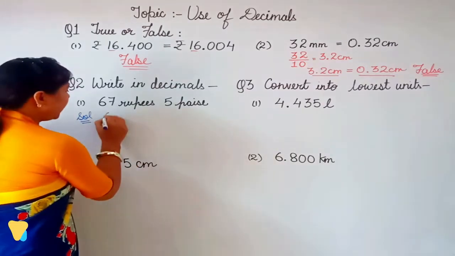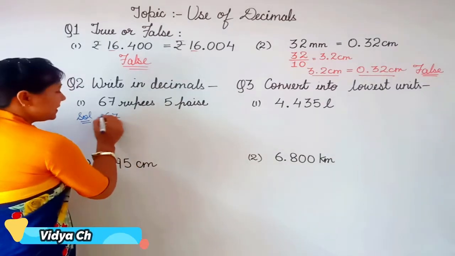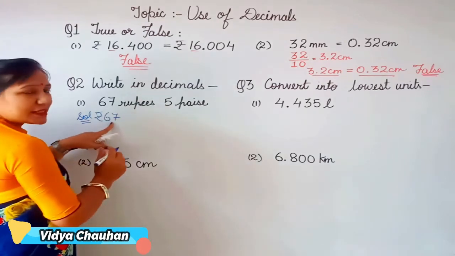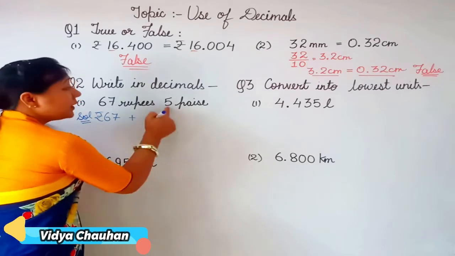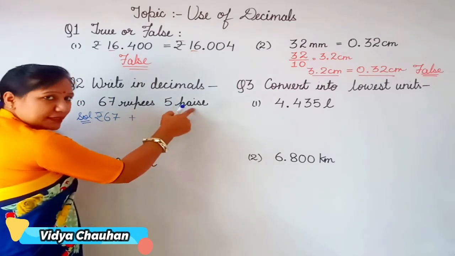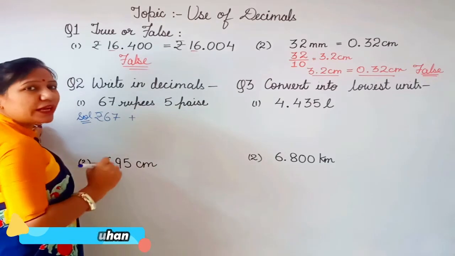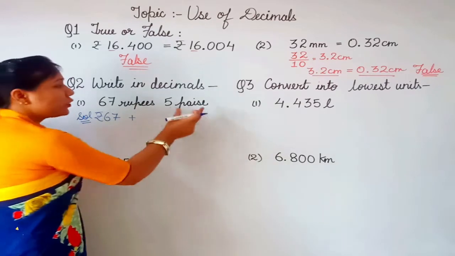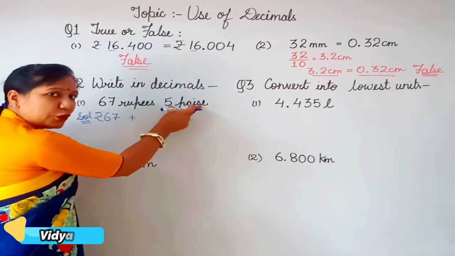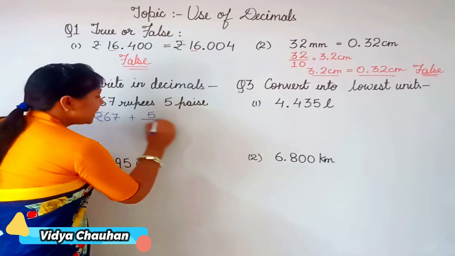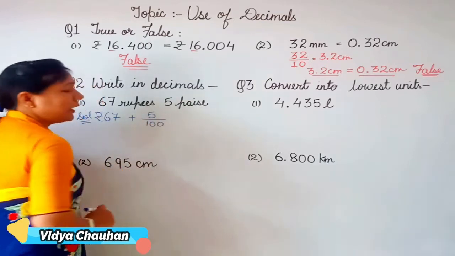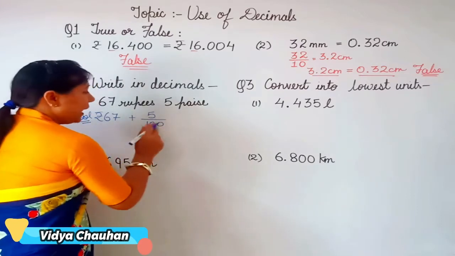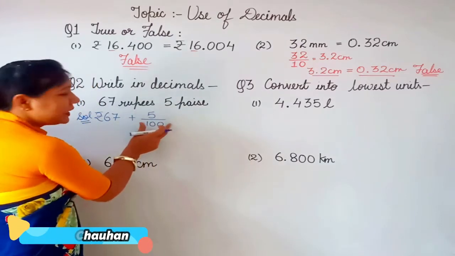Very first, I'll write it like this: 67 with the sign of rupees. So it is rupees 67 plus, now convert 5 paise into rupees because we have to write in decimal, and decimal means both terms in the same unit. Since there are 100 paise in 1 rupee, we divide 5 by 100, and this term will also become rupees.